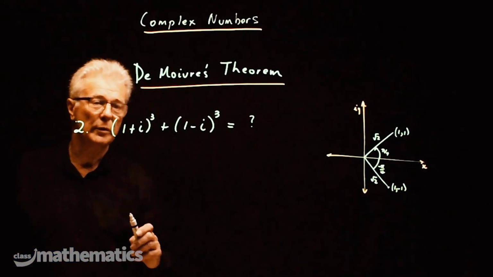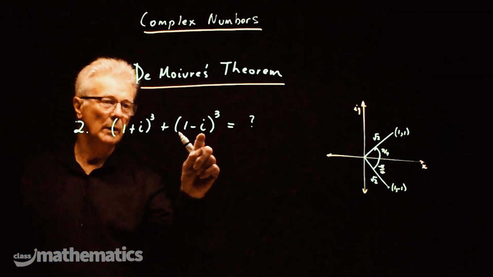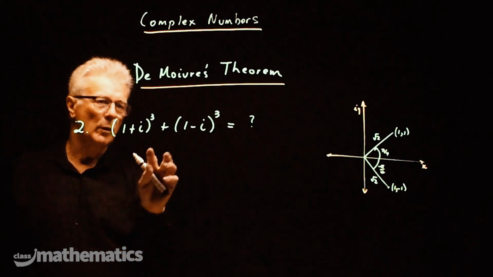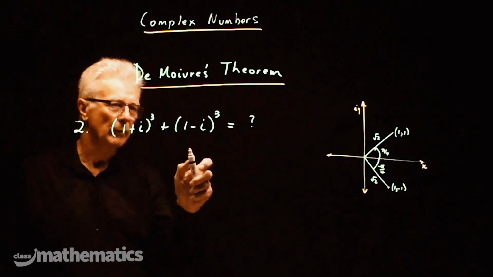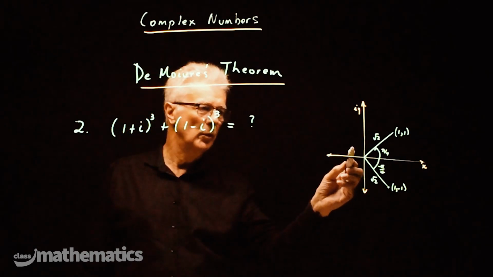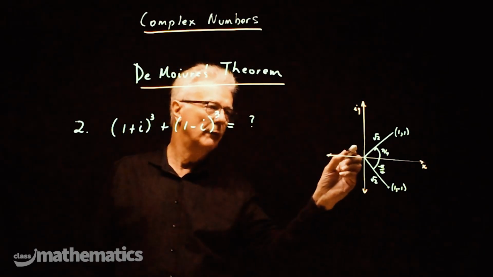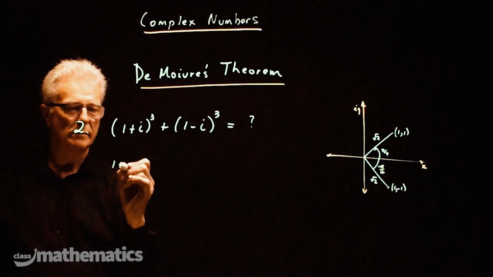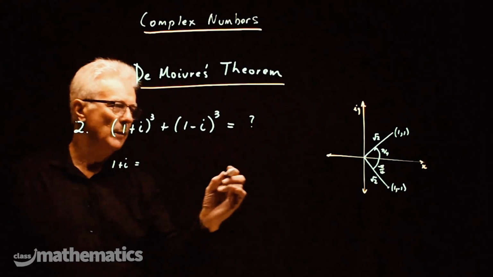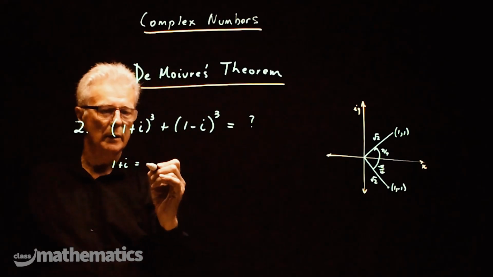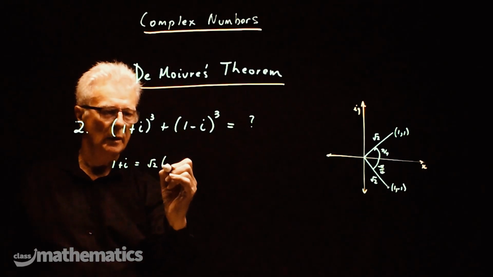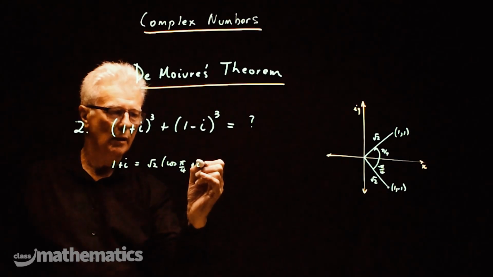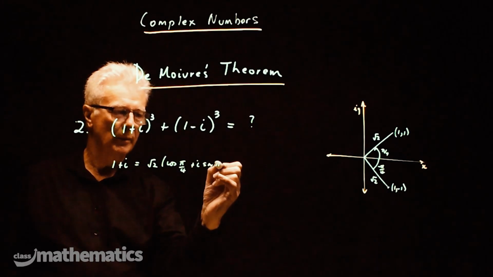All right, number 2 is a little bit more involved. We have to work out what this is. I've used the Argand diagram to work out the mod-arg form for each one. So 1 plus i, from here you can see, is the square root of 2 times the cos of pi upon 4 plus i sine of pi upon 4.